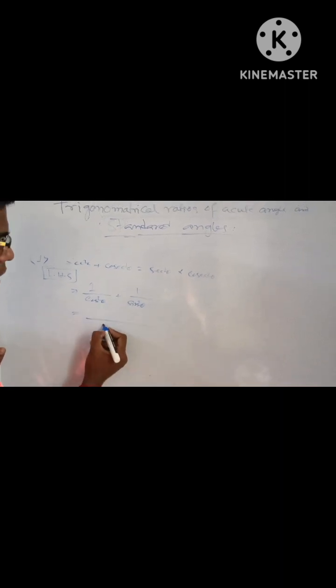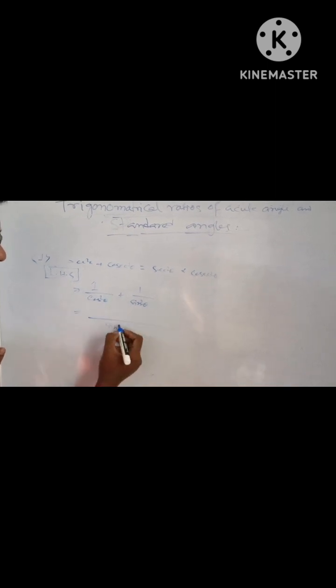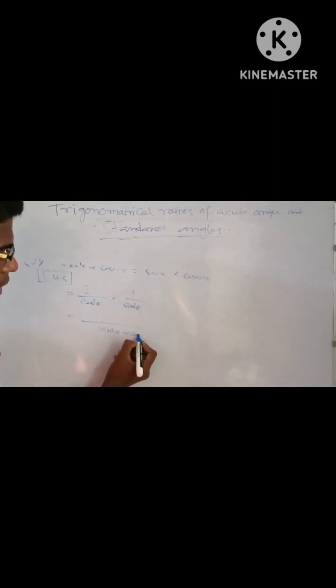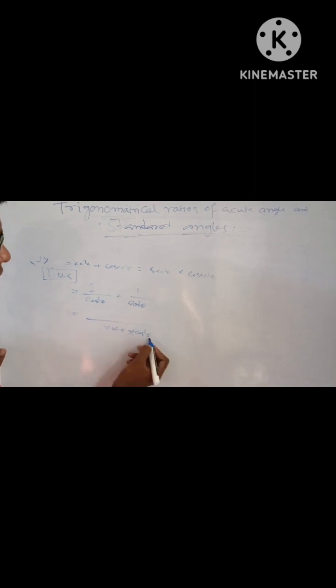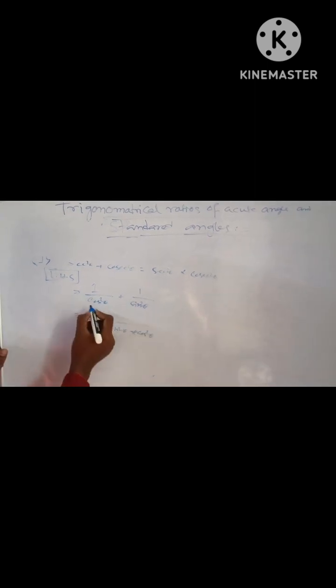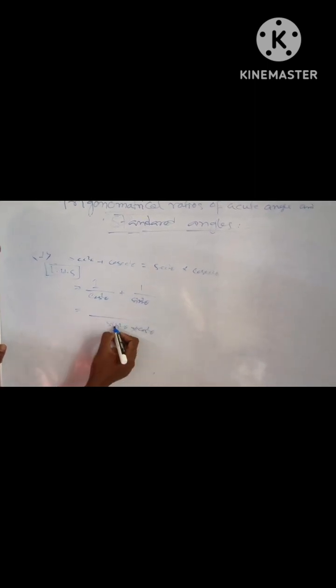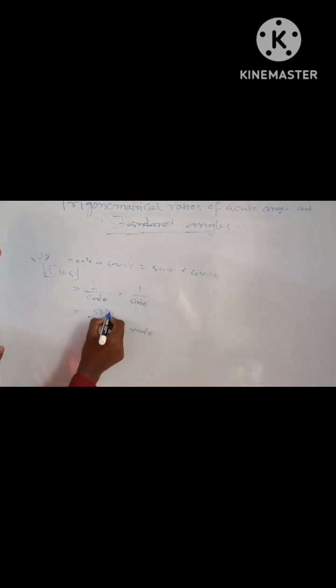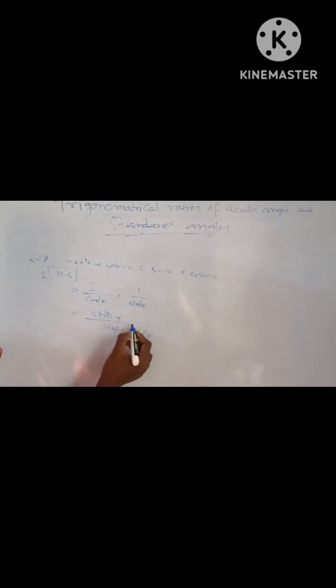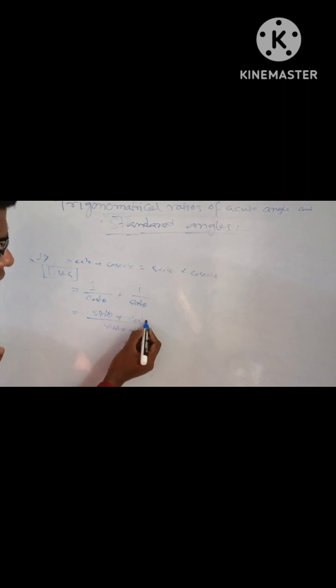Then, taking the LCM of cos square theta and sin square theta, the LCM is sin square theta into cos square theta. Cos square eliminates, we get sin square theta, and sin square eliminates, we get cos square theta.